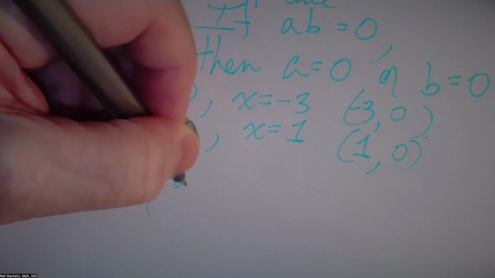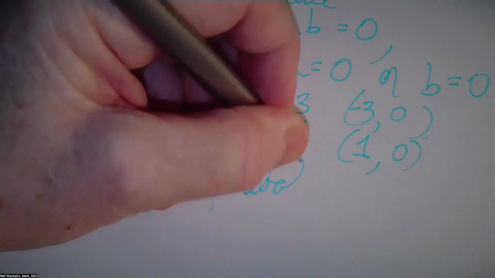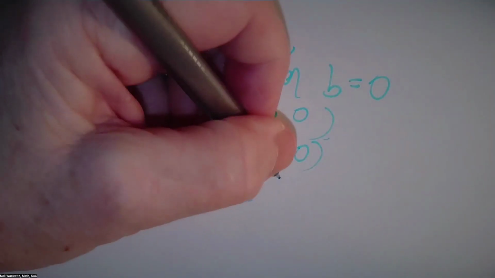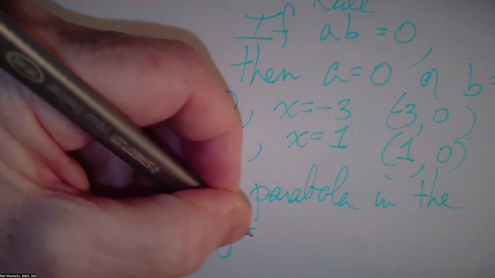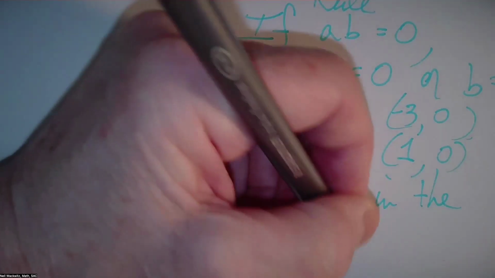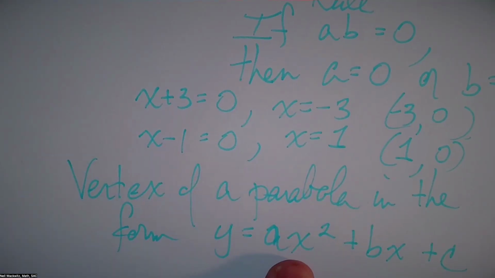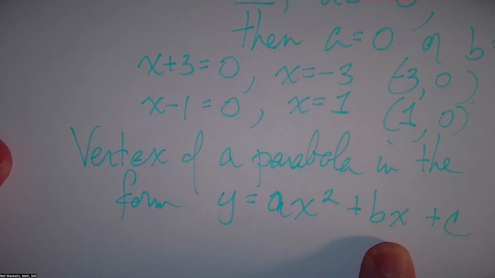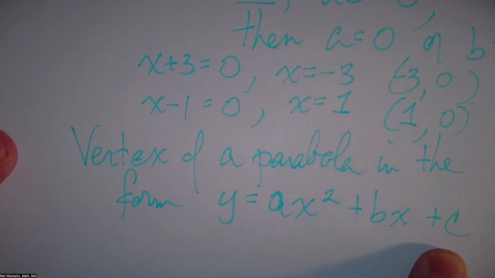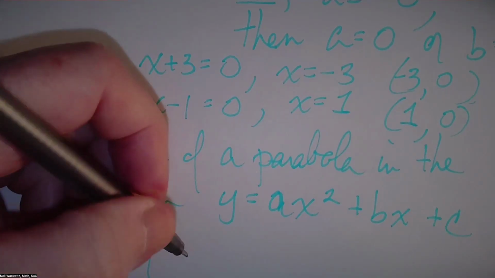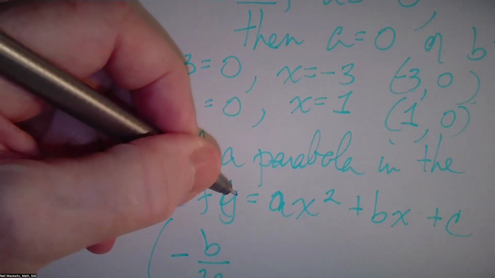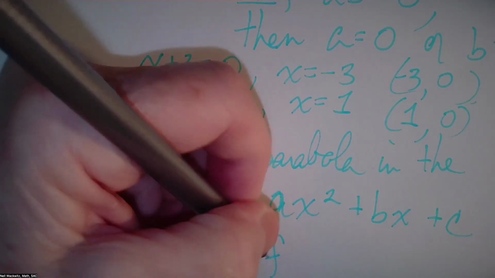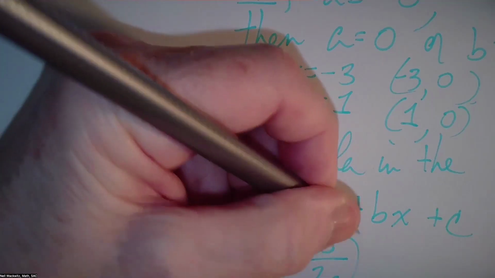The vertex of a parabola in the form y equals ax squared plus bx plus c, where a is the coefficient of x squared, the number in front, b is the coefficient of x, and c is the constant. The vertex will be negative b divided by 2a, comma, f of negative b over 2a.